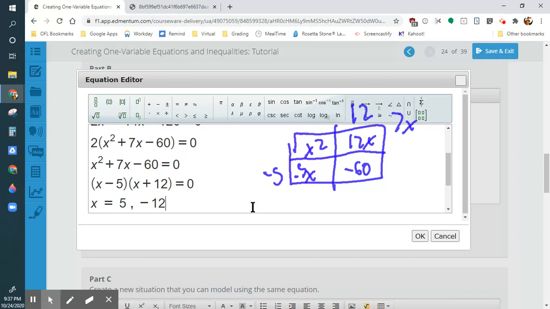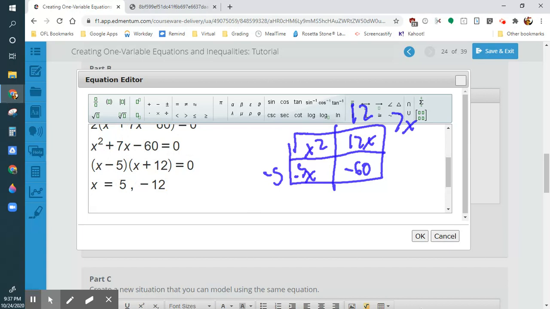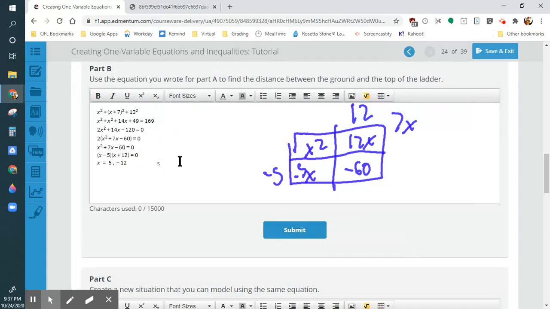So that means our answer, so hold on. Okay, this is we can't get a negative length. Answer must be 5.